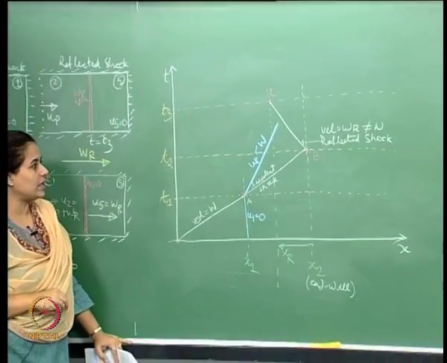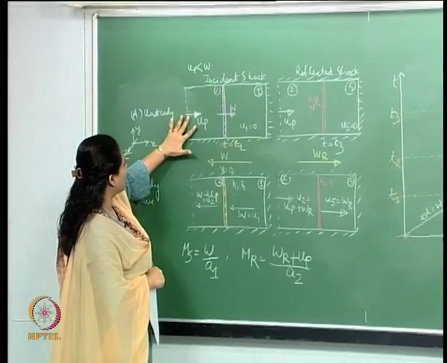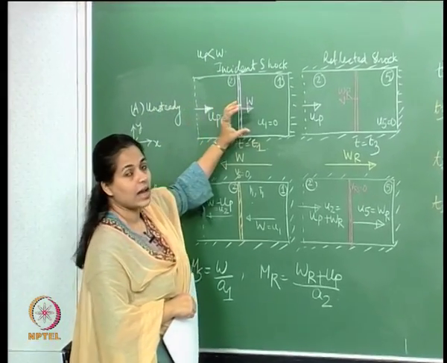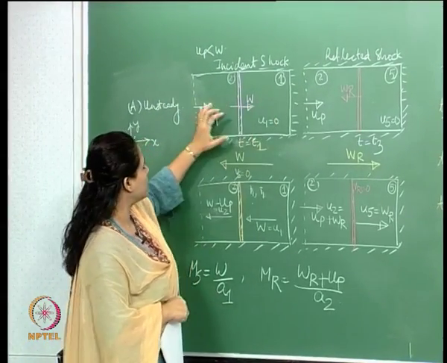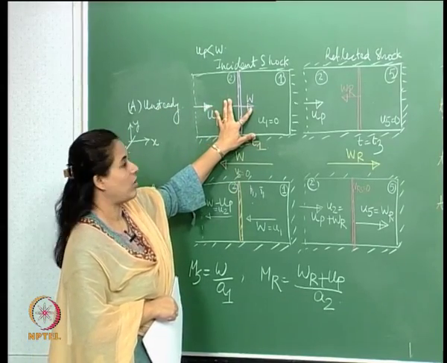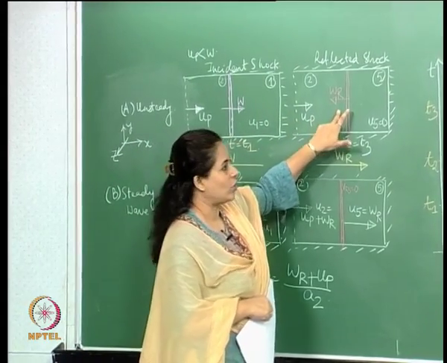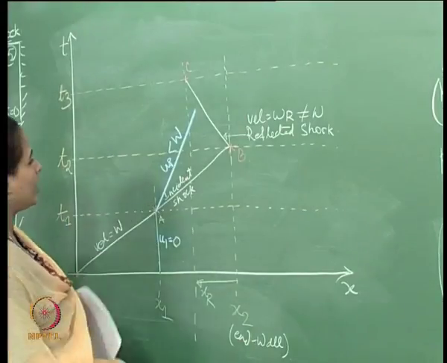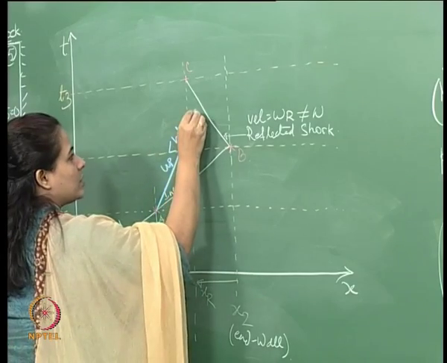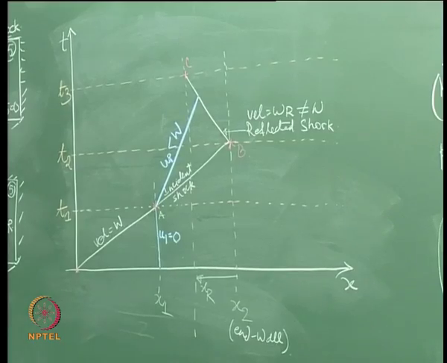Now what you can see out here is that this particle, as it is traveling here, because it has been displaced from its position due to this incident shock, again meets the reflected shock, which is what you are seeing over here.